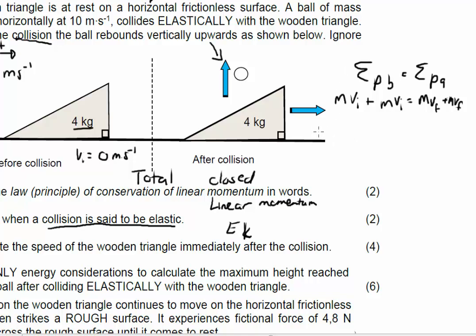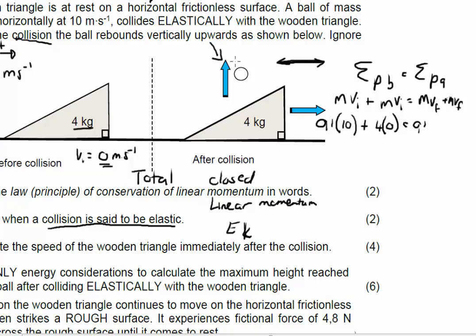Firstly, the mass here 0.1 times the initial velocity plus 10 plus the mass of the block 4 times initial velocity of 0. 4 times 0 gives us 0. Then the mass of the ball 0.1 times my final velocity. Now, since we're talking here about linear momentum, remember that this is movement in one direction.